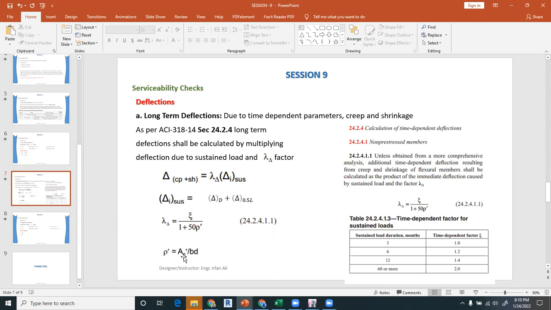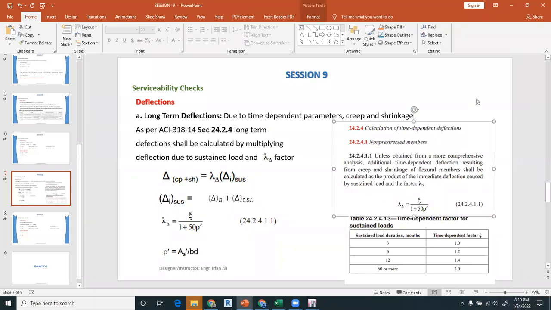And this As is the top reinforcement of the beam, right? Because these cracks will normally appear at the surface of the slab, and the slab is attached to the beam. So the top of the beam is connected to the slab. That's why the top reinforcement of the beam is taken into account for the calculation of long-term deflections, right?